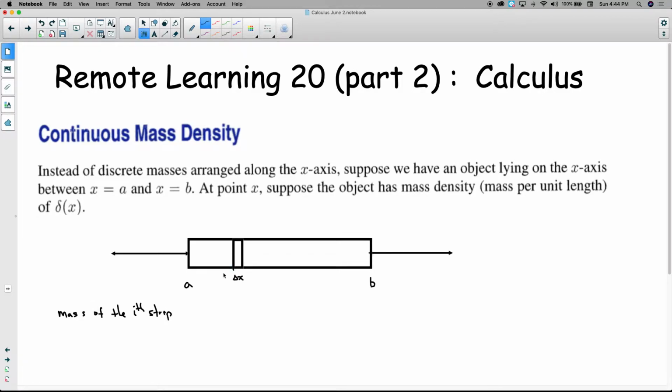So we could call this place x sub i there. And the mass of this ith strip is the density at that place times delta x.